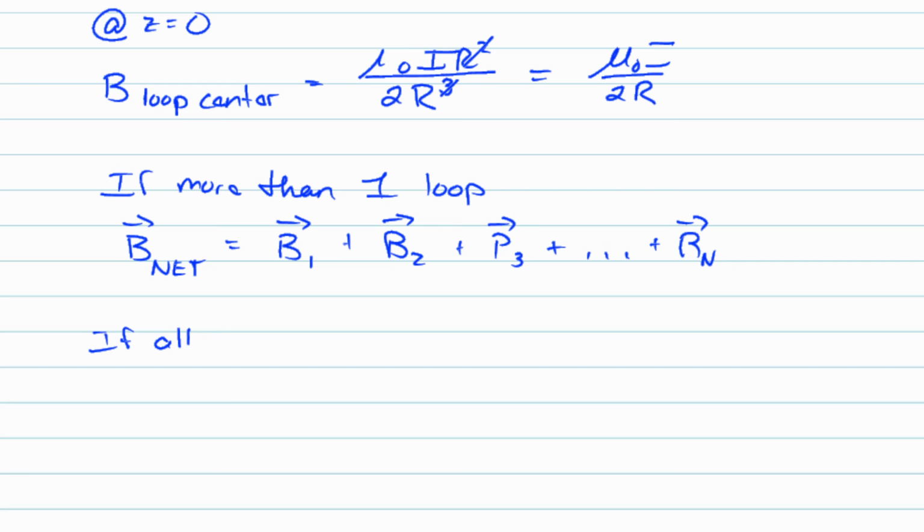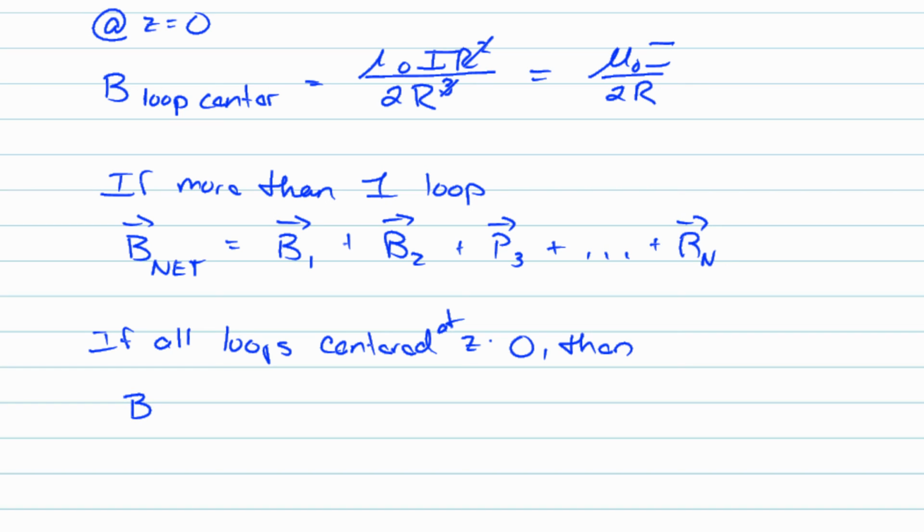If we evaluate all the loops such that they're centered at z equals 0, basically we have multiple loops, but these loops are very, very skinny, so we can essentially say that they're all in the same plane.